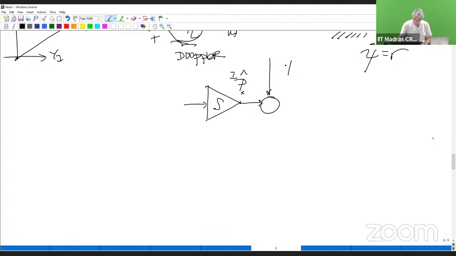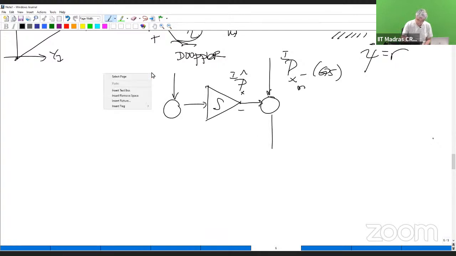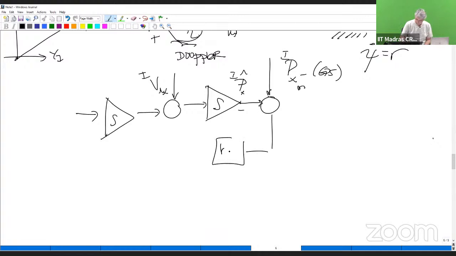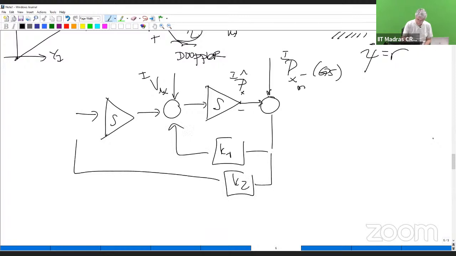Now you get here the PXI measurement given by the GPS minus the relative XI, and then you have to learn the current. You put another integrator here. Then you do this K1, you do this K2, and you are done.